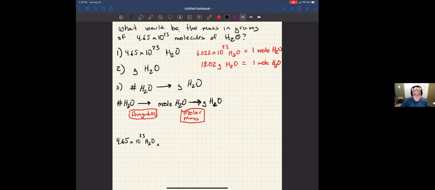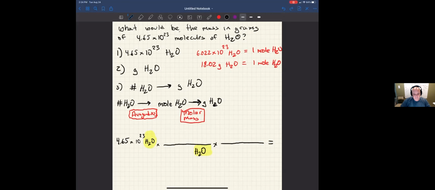And if I look at the step-by-step plan, it says you're going to need 2 conversion factors according to our plan. And so let's create the correct per expressions. Let's create the correct conversion factors. I noticed that the units in the numerator at the beginning of the problem are number of water molecules.